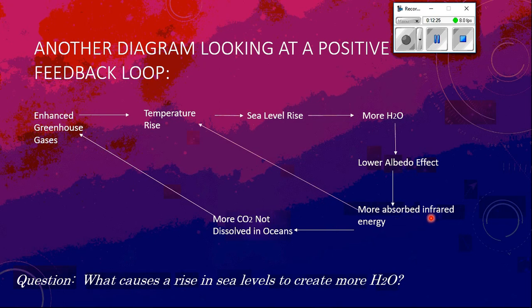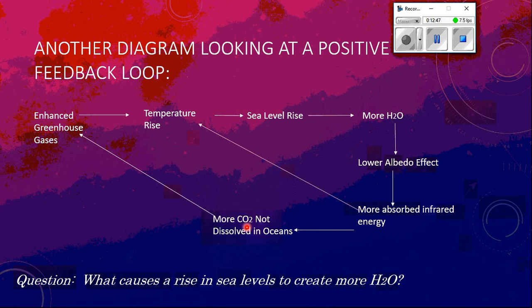If you have more absorbed infrared energy, more carbon dioxide is not dissolved in the oceans. And what happens there is if you don't have carbon dioxide that is dissolved in the ocean, then you have an acidification of the oceans.